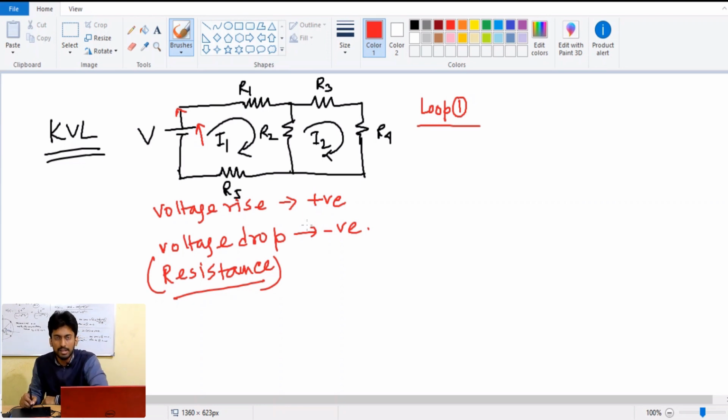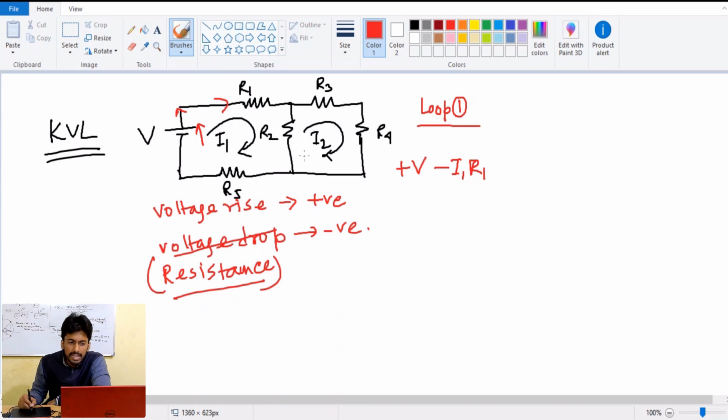Now this is from negative to positive, meaning the voltage is stepped up or raised to a level, that is why this will be plus V. Now the current I1 will be going through this resistance R1, so this will be minus. Why minus? Because a resistance has a voltage drop itself. Then minus I1 into R1.